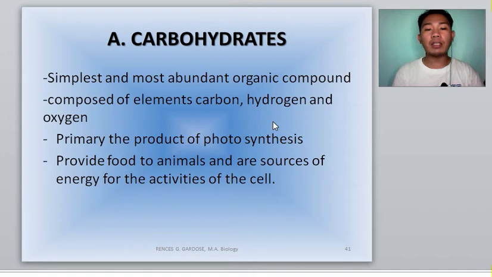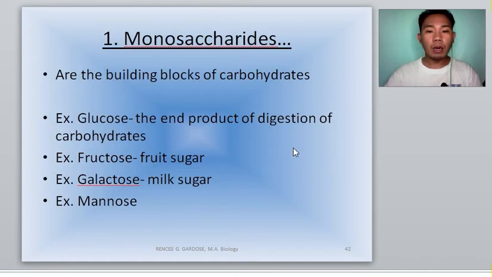Usually, carbohydrates are the primary product of photosynthesis, and they provide food to animals and are sources of energy for the activities of the cells, particularly animal and plant cells. Monosaccharides are the building blocks of carbohydrates. For example, glucose, the end product of digestion of carbohydrates.